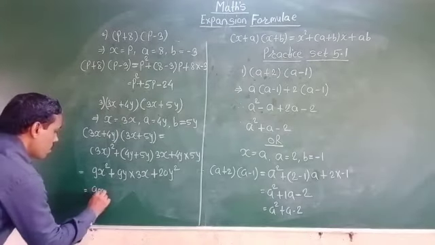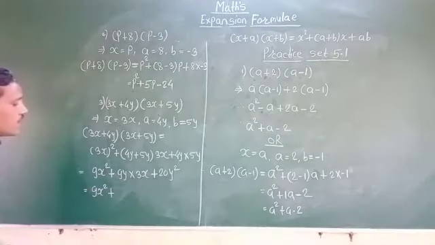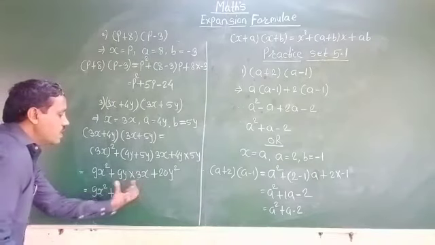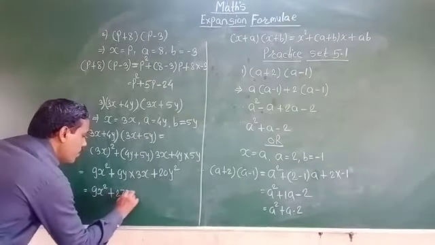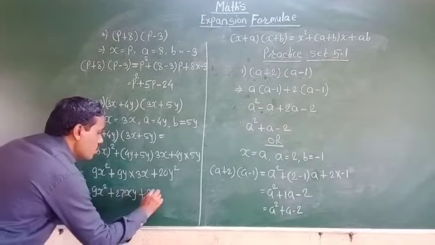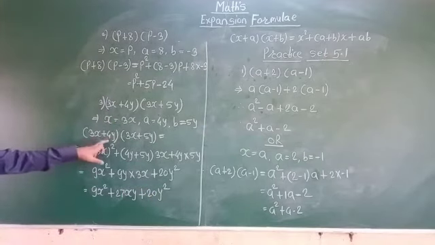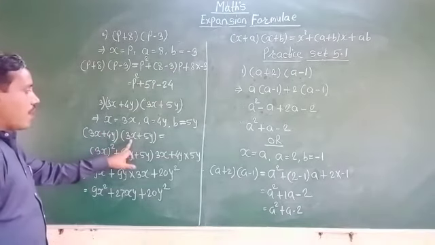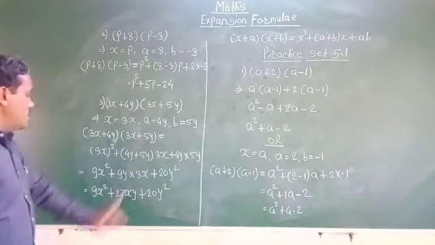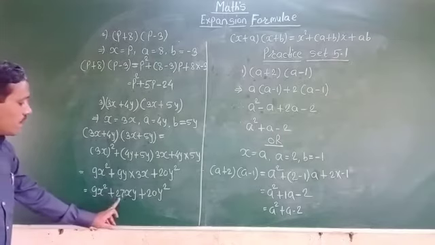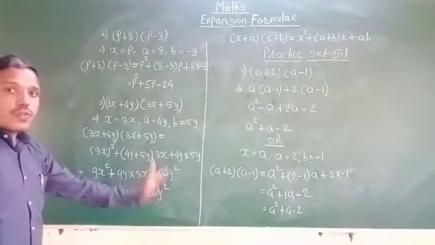Then 9 threes are 27xy plus 20y square. The expansion of (3x + 4y)(3x + 5y) is 9x square plus 27xy plus 20y square.